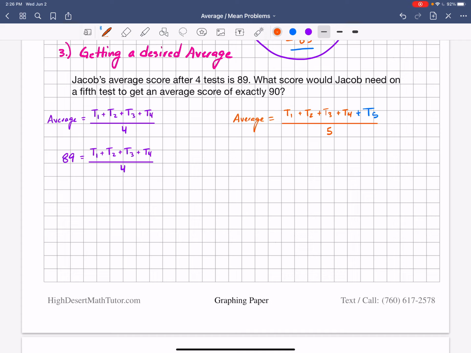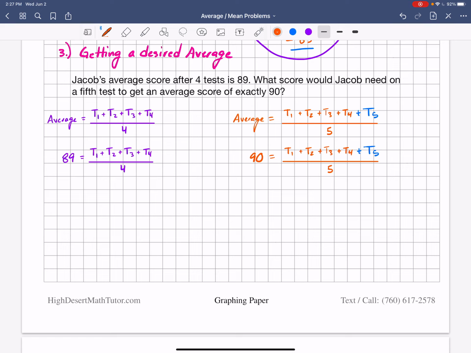All right, now here, remember, we have a little more information we can plug into this formula. So we have the average we want to obtain. So that average is 90. So we're going to plug 90 into this formula.